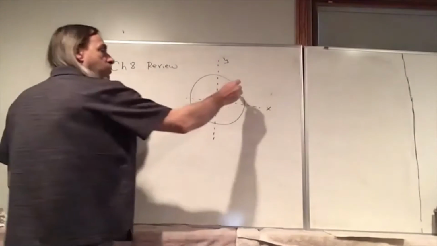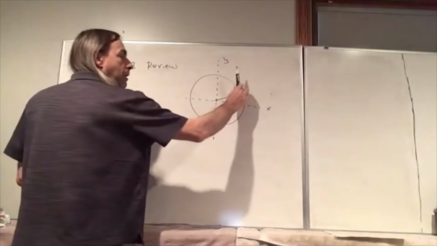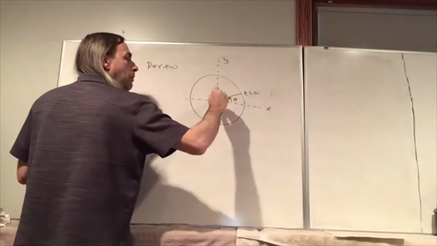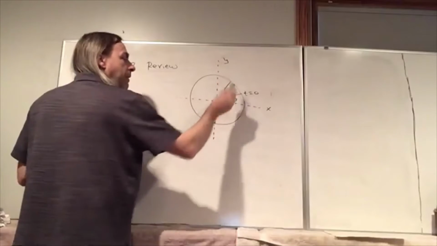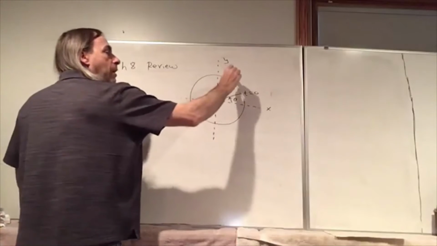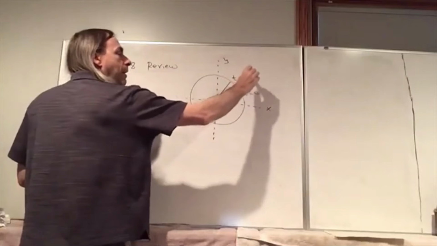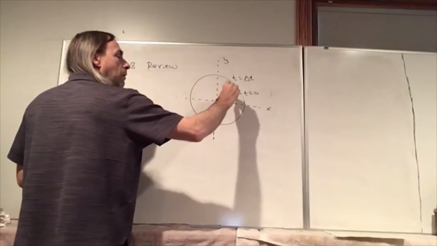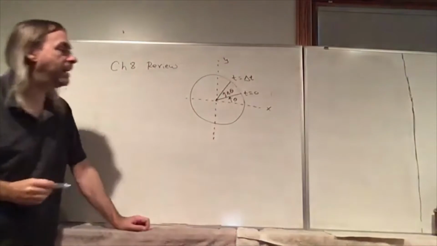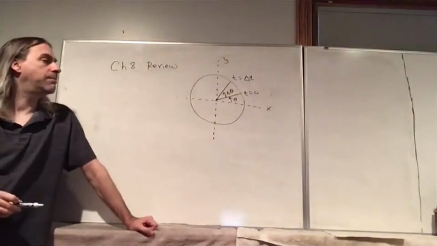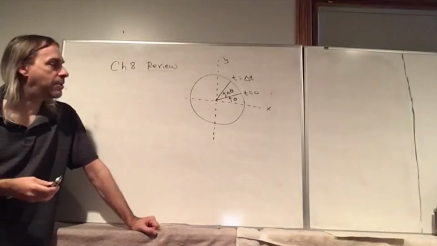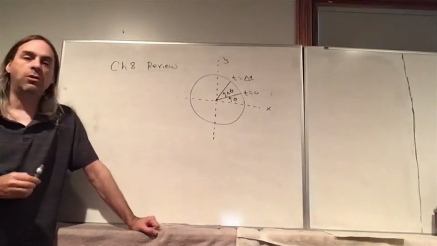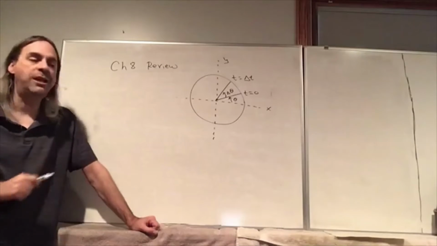If the object rotates from here at time t equals 0, and then this reference line rotates to here in a time delta t, delta theta is the angular displacement. So theta describes the angular position, and delta theta is the angular displacement.